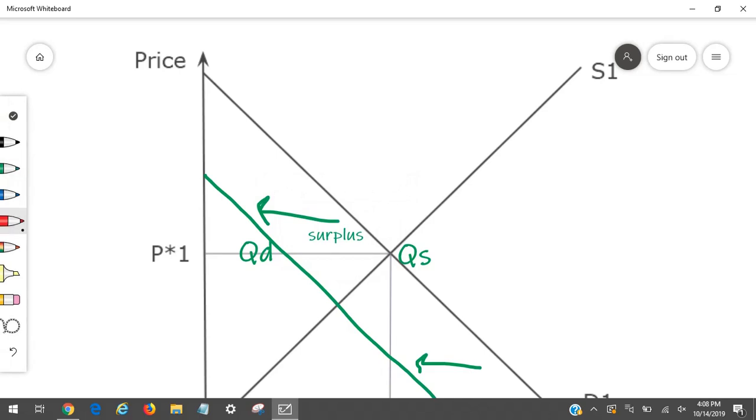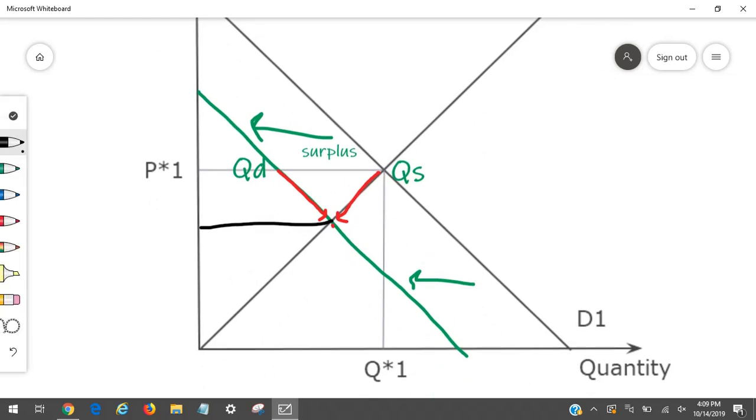And as it does, it's going to move you downward along your demand curve, downward along your supply curve until you get to the new equilibrium point. So you're going to have a new equilibrium price for dark meat and a new equilibrium quantity.